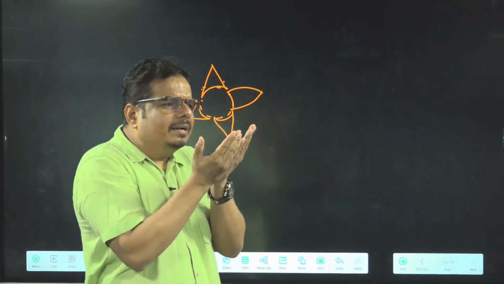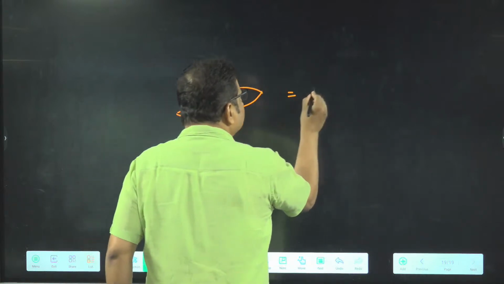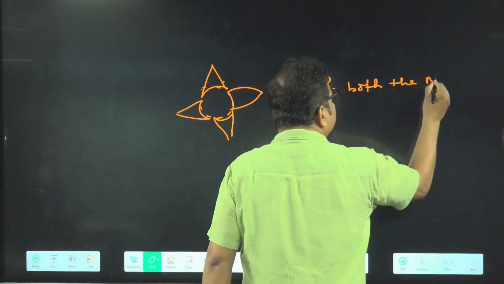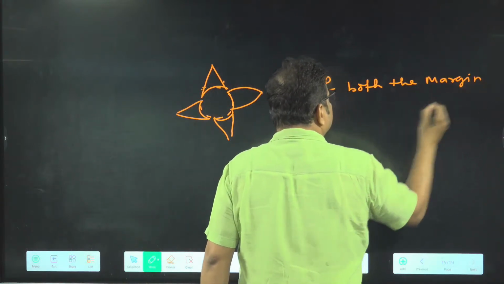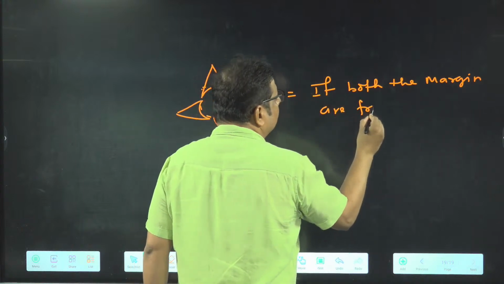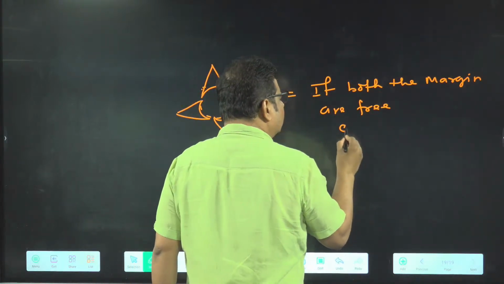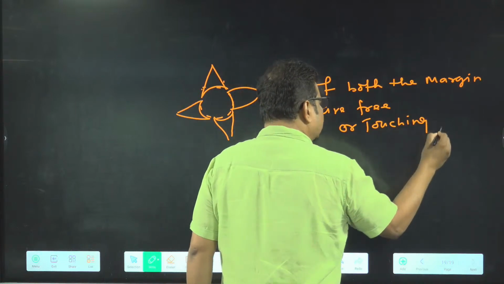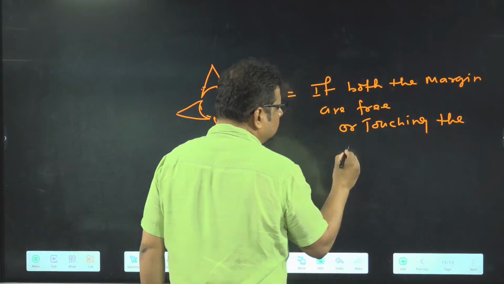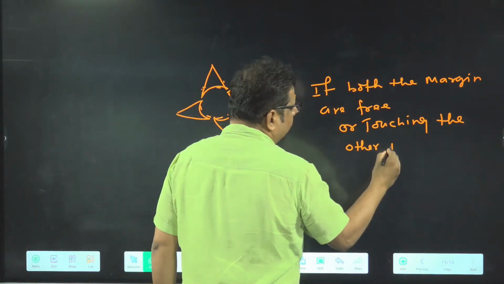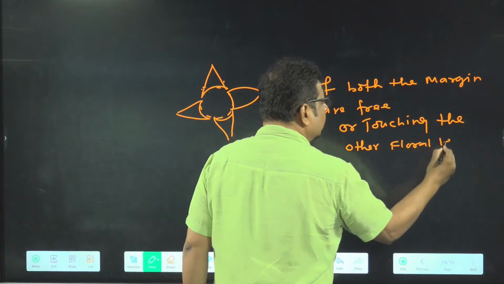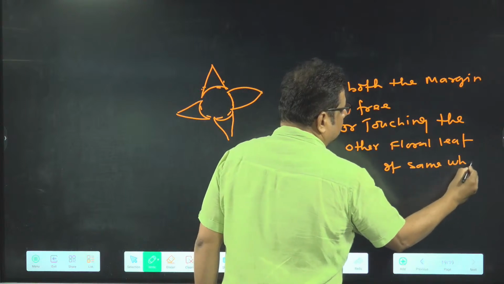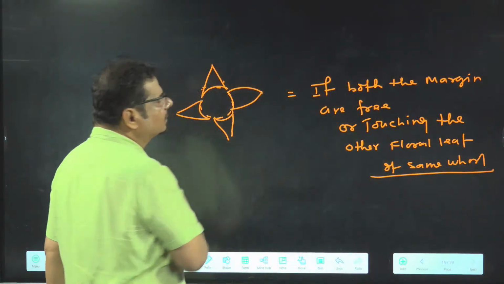So if both the margins are free or touching the other floral leaf of the same whorl, that condition is called what?